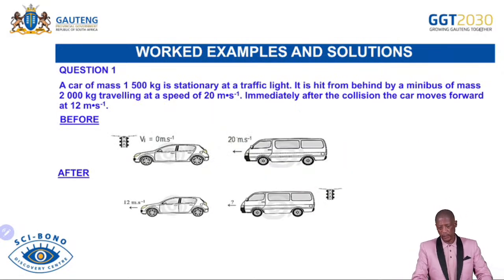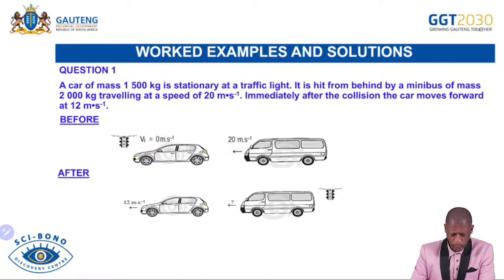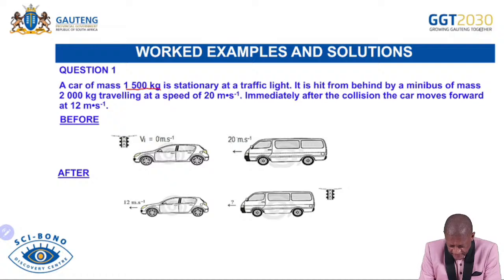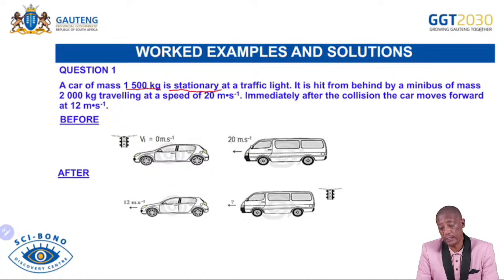Now, this is a worked example. Let us try to apply what we have learned. In application, question 1. A car of mass 1,500 kg is stationary. As I'm reading, I'm underlining and gathering.